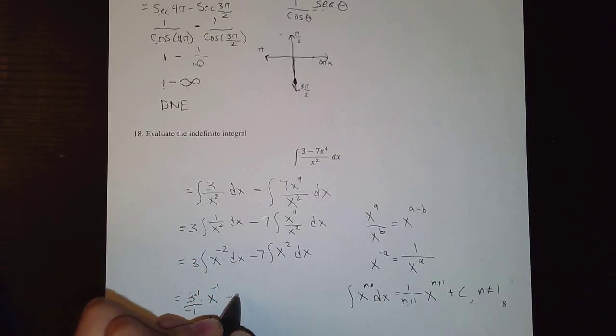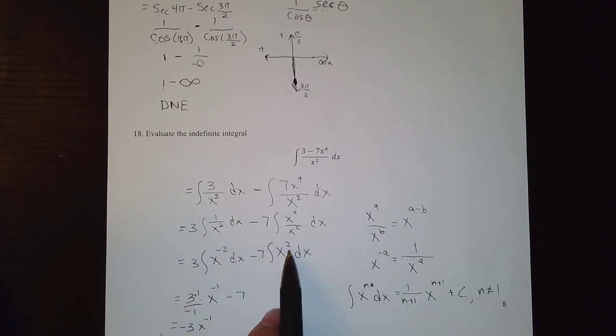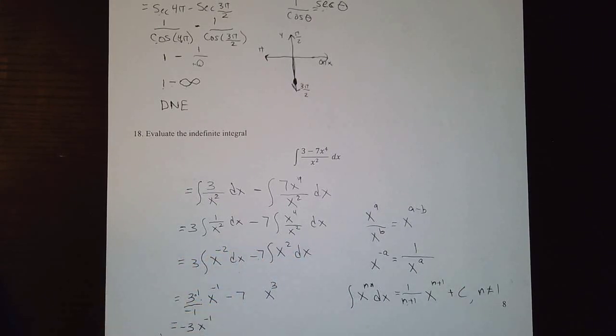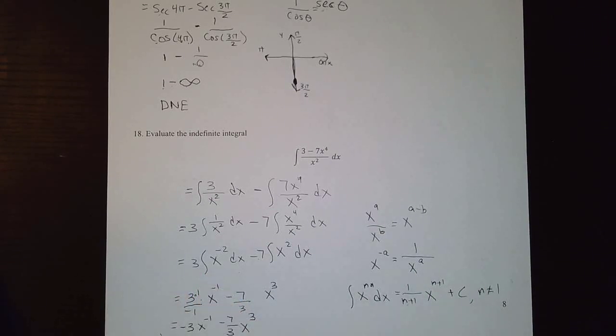For the other integral, we add 1 to the power of 2 and now have x cubed, and then divide by that power, so we get minus 7/3 x cubed.